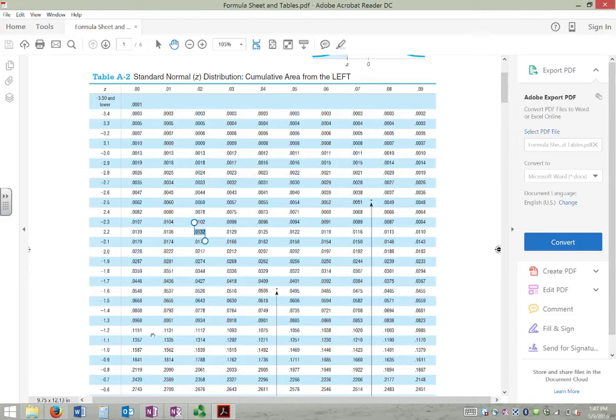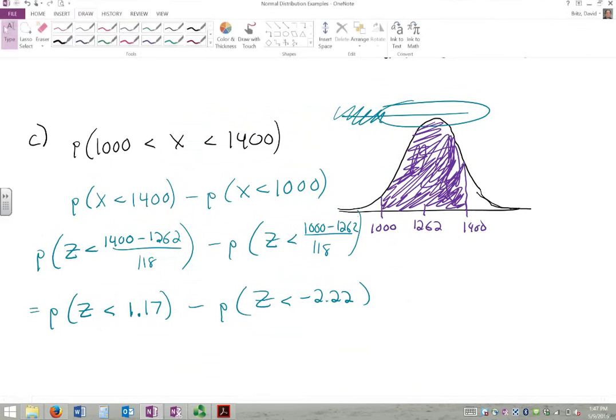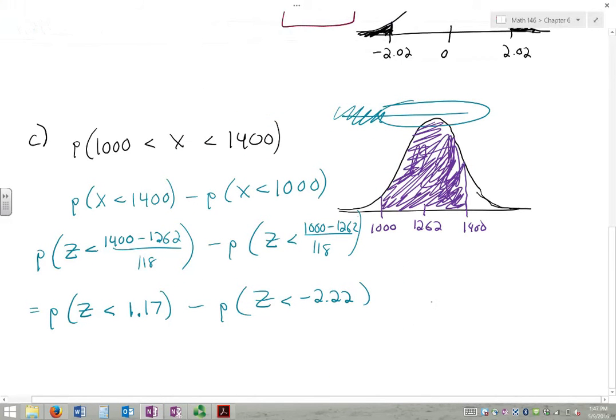All right, let's go back to the actual problem text here. So what we're going to have is 0.8790 minus 0.0132, and that subtracts to 0.8658.